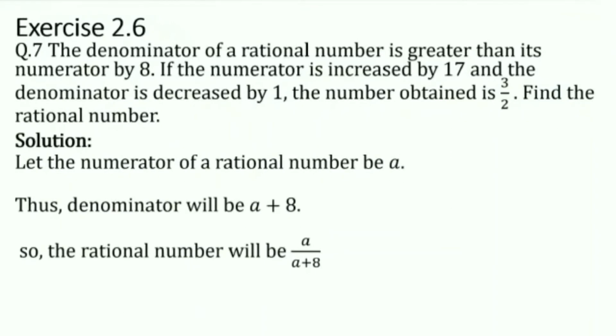So let the numerator of the rational number be a. Because it is smaller, we are taking the numerator as a. So the denominator will be a plus 8, because it is given that it is greater than the numerator by 8. So the rational number will be a upon a plus 8.